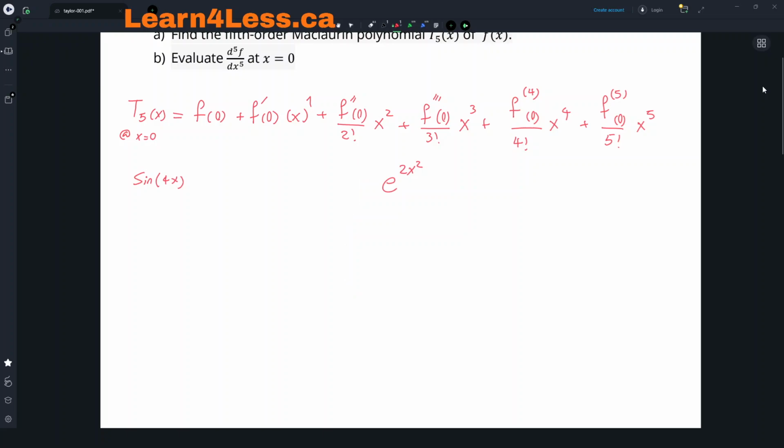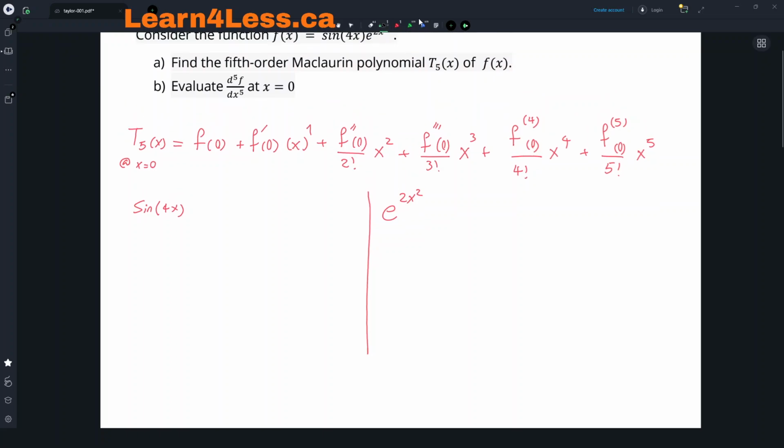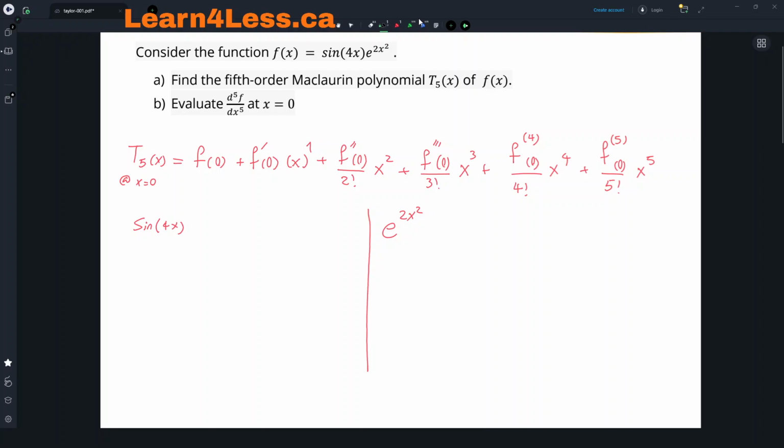I mean, taking the derivative of these also 5 times, it's not a very simple process. Maybe for sine it's a little bit easier, because sine is cos is negative sine. It's going back and forth very simply. But it's still not a very quick process.